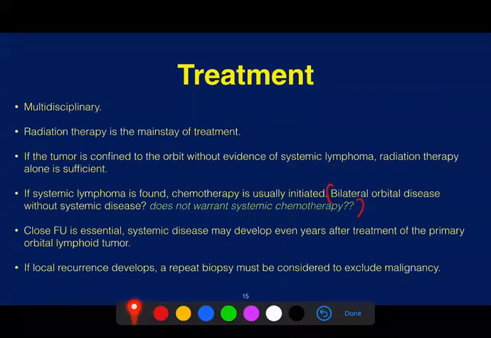After that, you need to closely follow up the patient, as systemic disease may develop years after treatment of the primary orbital lymphoid tumor. If local recurrence develops in a previously benign biopsy, you should repeat it to rule out malignancy.